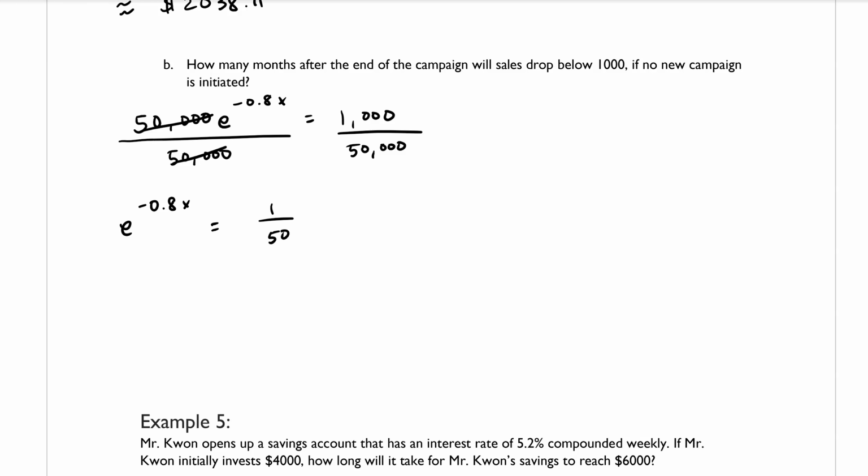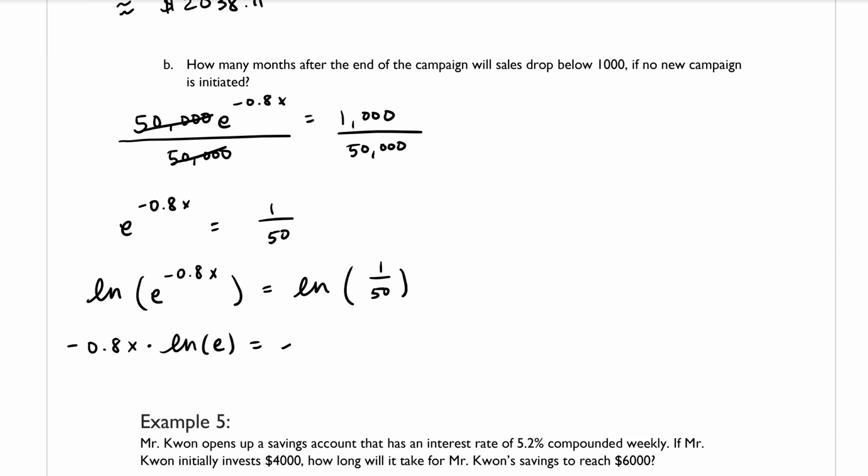Now I can take the natural log of both sides. Notice that I'm taking the natural log this time since the base that I'm looking at is e. And the power rule for logarithms says that I can take the exponent and bring that on the outside, and then multiply that by the natural log of e.